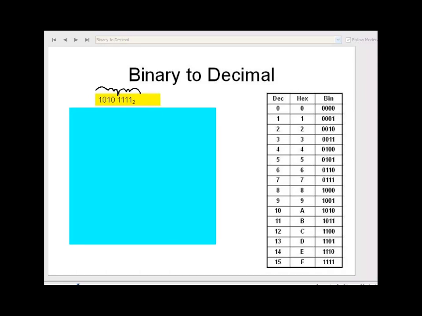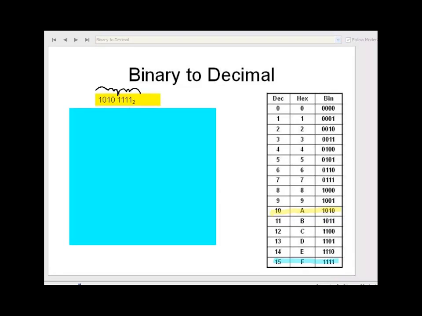Then I look it up on the table. 1010 is hexadecimal A. And 1111 is hexadecimal F.